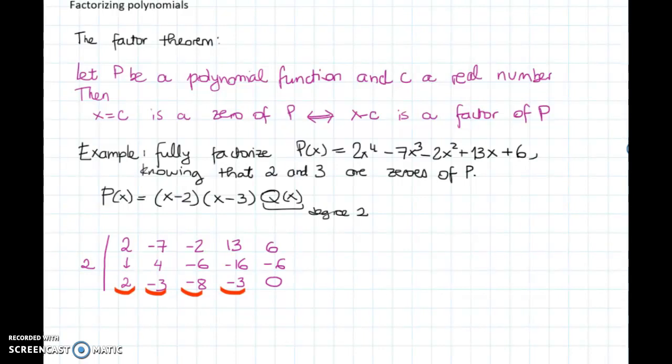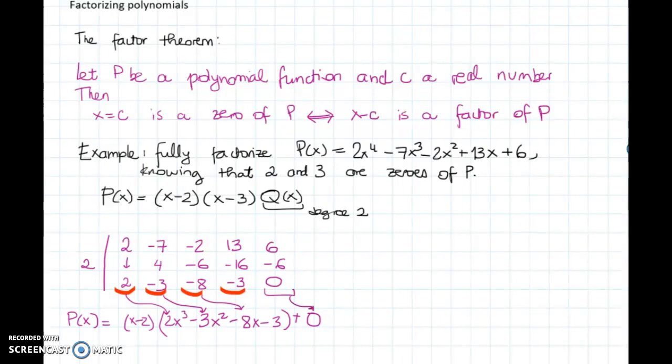So what I'm saying over here is that our polynomial p of x can be written as x minus 2 times 2x cubed, the 2 is coming here, minus 3x squared, here is where the minus 3 is coming from, minus 8x minus 3. And there is no remainder. Well, technically we need to write plus 0 here for the remainder.